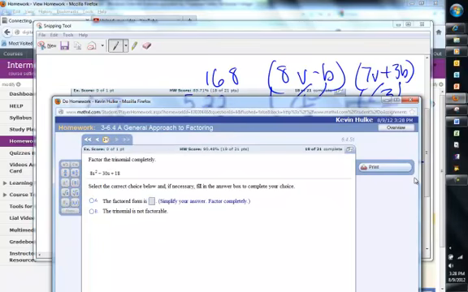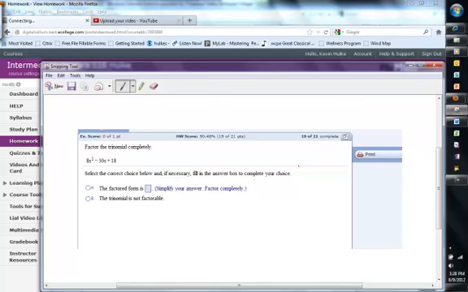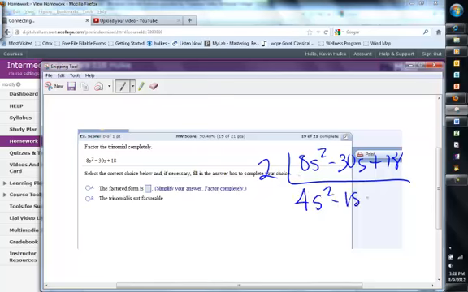Last one. You can take a 2 out of everything. 8s squared minus 30s plus 18. 2 out of everything and you're left with 4s squared minus 15s plus 9. These two numbers multiplied are 36. What two numbers multiplied equal 36 and added equal negative 15?